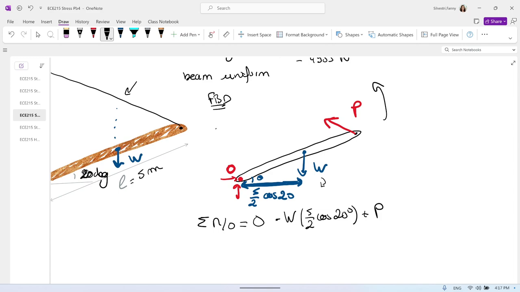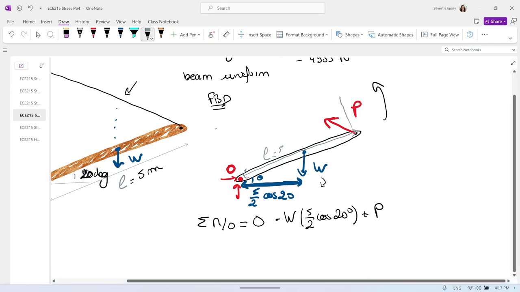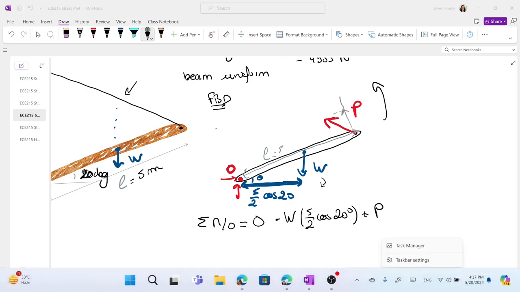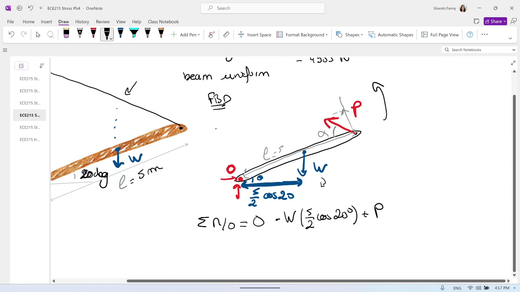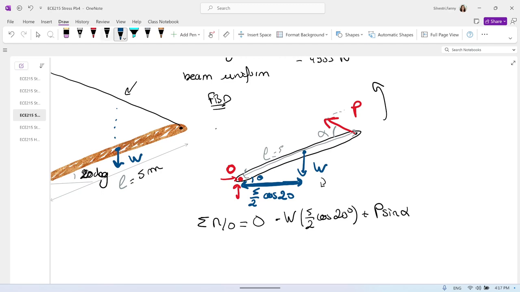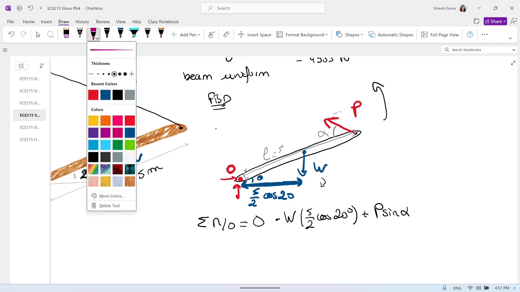So to make it easy, let me draw it in, we want to use this distance L, that is 5. So we will use the complement of P that is on this axis. So we need to find this angle alpha. So we will have plus P sine alpha, that will be this vertical complement of P. Let me put it in a nice color, purple.